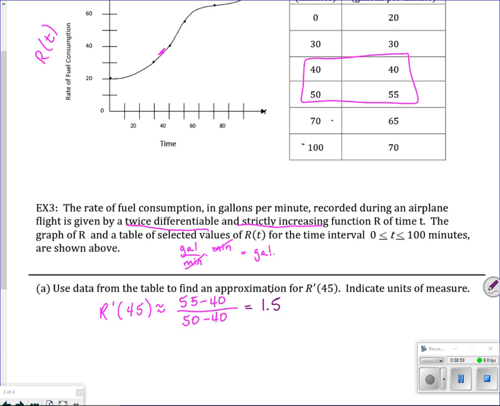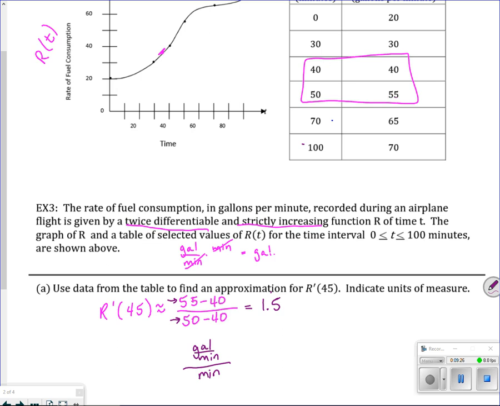Now it says indicate units of measure, which means if you don't write that down, then the answer point you're not going to get. Now let's think about what the units would be. This was the difference in R's. So what were the units for R's? That was gallons per minute. This was the difference in time, so you divided by minutes.